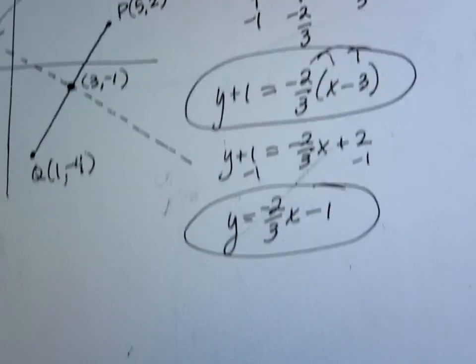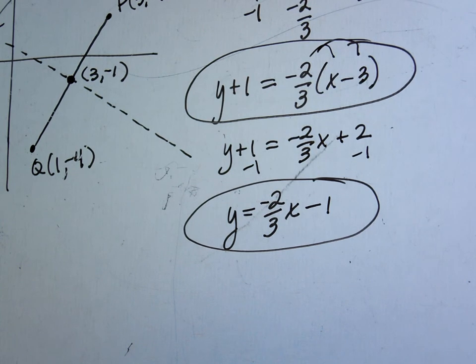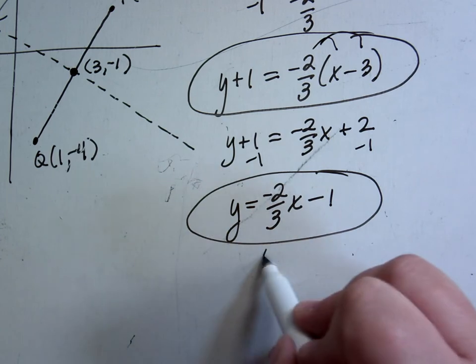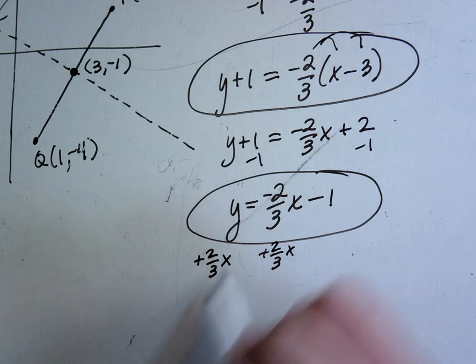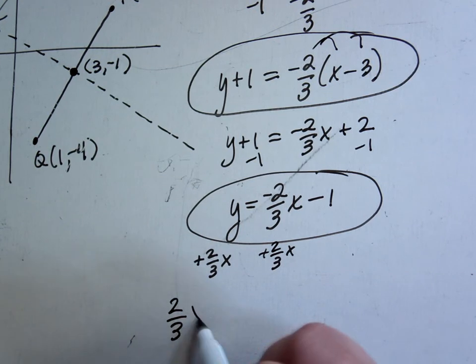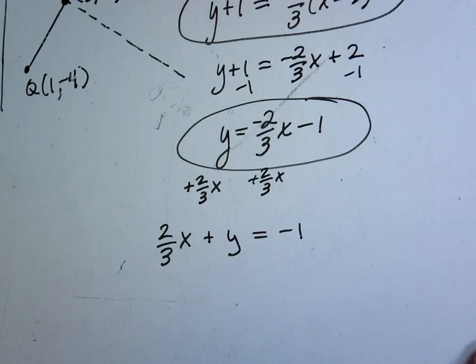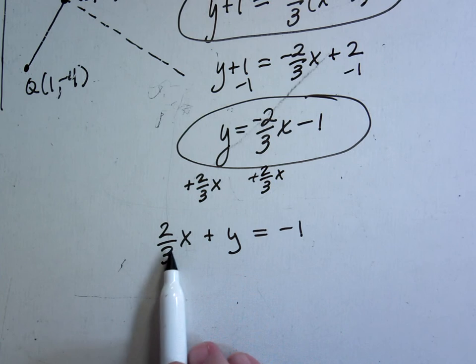We could put it in standard form. Let's do that, just to remember what standard form is. In standard form, the x comes first and then the y. So let me add this to both sides. It's not very often that you're asked for standard form, but what the heck. This is not in standard form yet. In standard form, I want integers in front of my variables, and I don't want my leading coefficient to be negative.